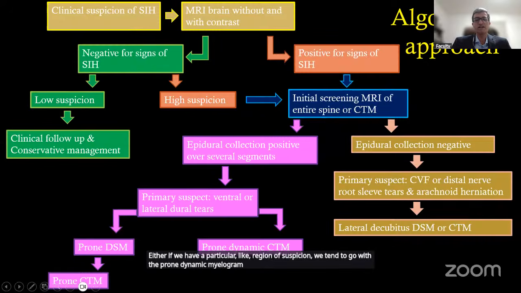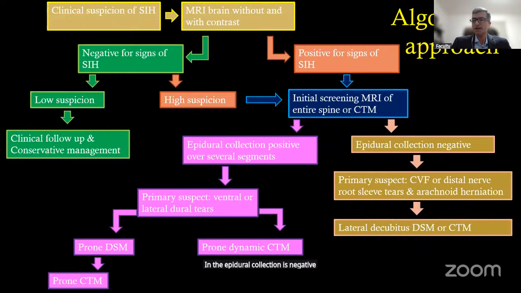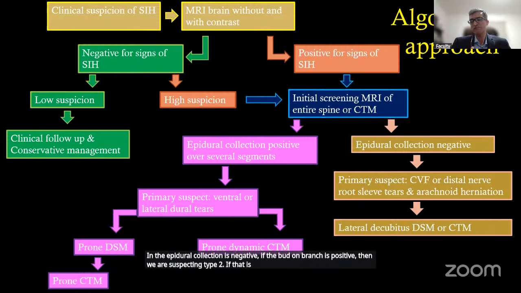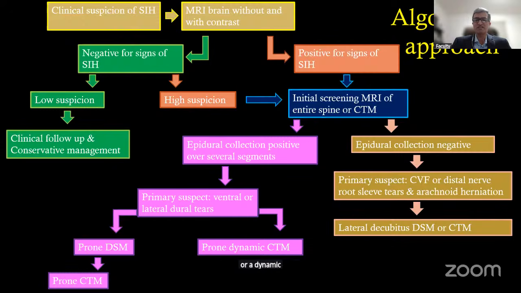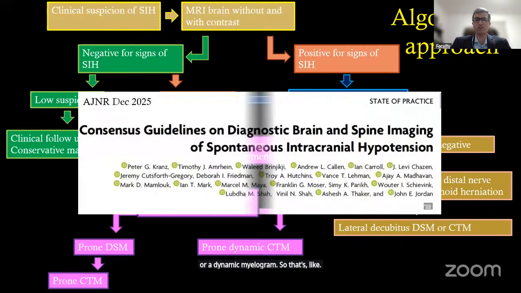If we don't, then we have to cover the entire spine, so we prefer the prone dynamic CT myelogram. If the epidural collection is negative and the Bud-on branch is positive, then we suspect type 2. If that is negative, then we might be looking for a CSF to venous fistula. Both can be seen on decubitus myelograms, either a direct CT myelogram or a dynamic myelogram. So that's the algorithm we follow here.